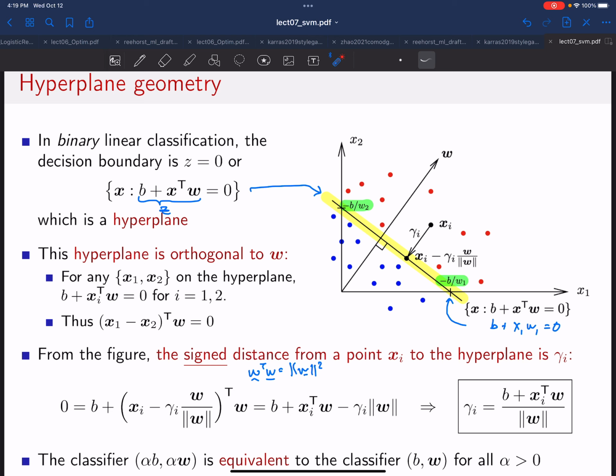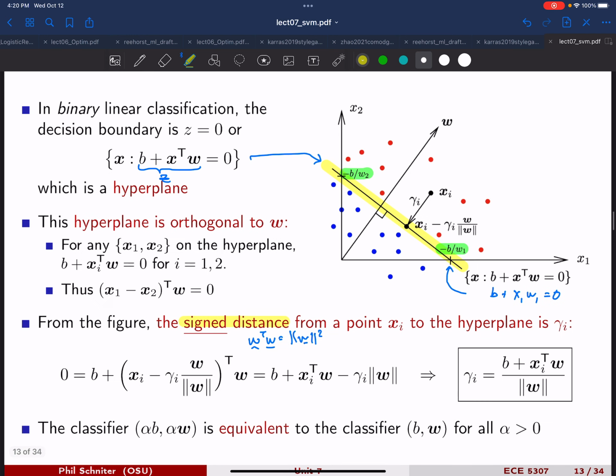And when you're on the side of the hyperplane that corresponds to the non-ones class, that's going to give you a negative distance. So that's what we mean by a signed distance from a point to the hyperplane. Okay, so this is going to be an important thing we're going to use on the next slide. Are there any questions about that?